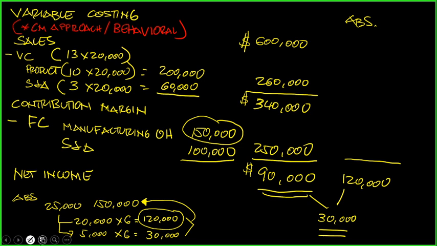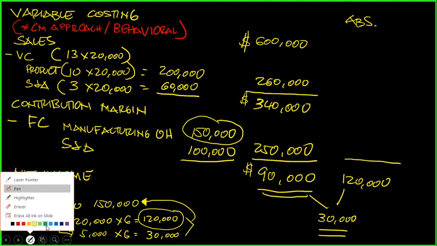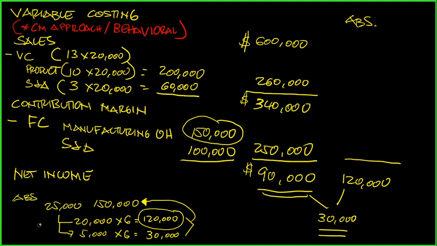Okay? This one is an example, if you've been reading your books, diba? Of this expression. Let me write it down. Ayan. If production is greater than sales, we expect that the net income under absorption costing is higher, or absorption costing net income is higher than the variable costing net income.